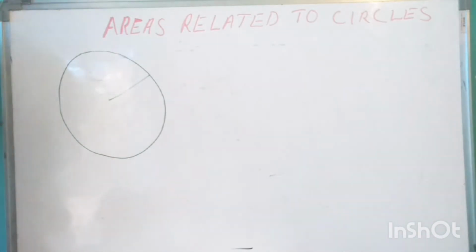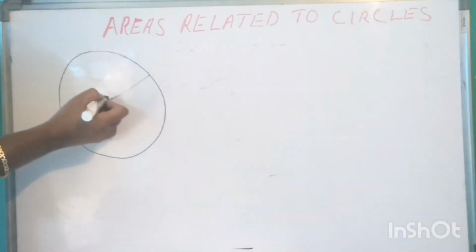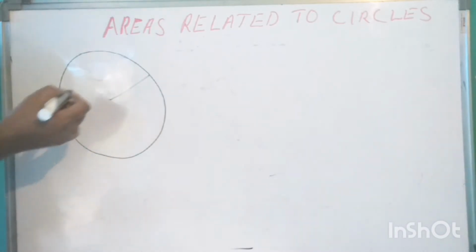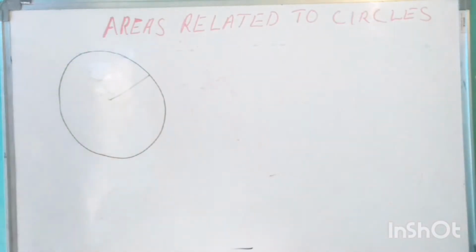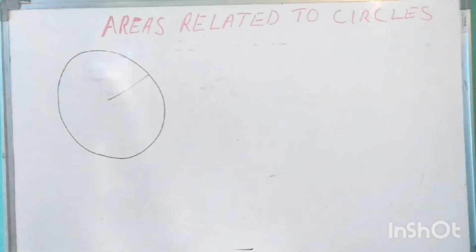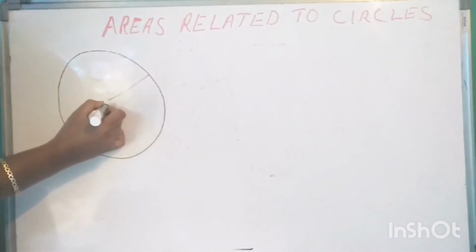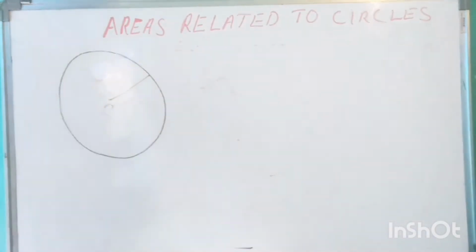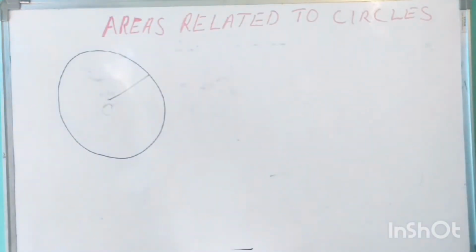Or we can say that circle is a set of all points in a plane which is equidistant from a fixed point. And this fixed point we will call the center of the circle.